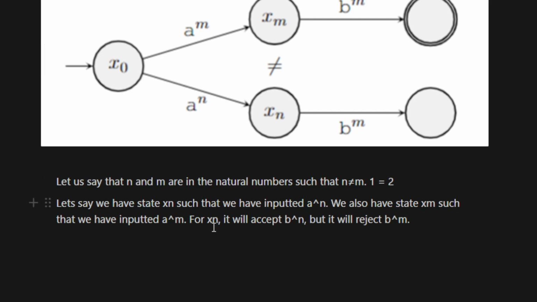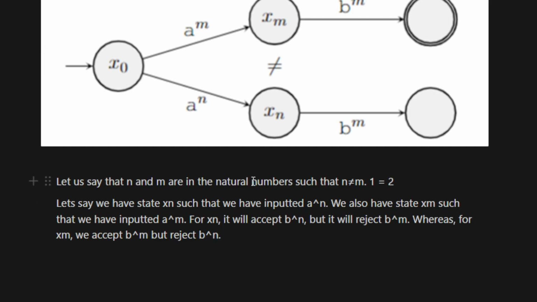Now, we know how to show that states are inequivalent. We just need to show that these states have a string that is accepted and a string that is rejected, and we need to show that for both. So whereas for xm, we accept b to the power of m, but reject b to the power of n.